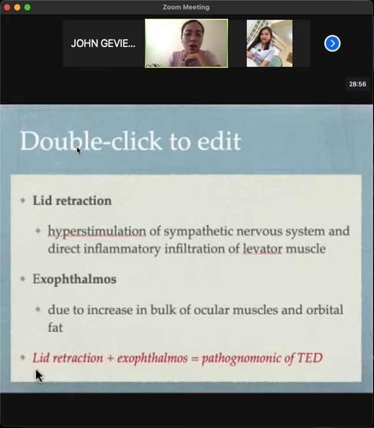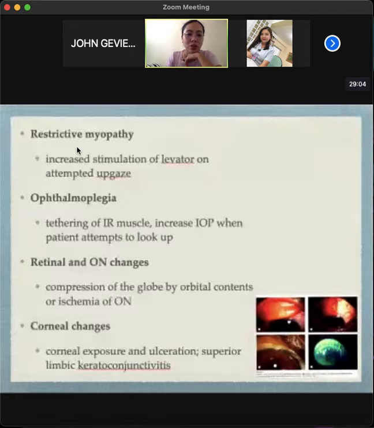So remember, the pathognomonic signs of TED would be lid retraction and exophthalmos. Other eye manifestations would be diplopia or restrictive myopathy, because the muscles are also involved in thyroid disease. Retinal or optic nerve changes.